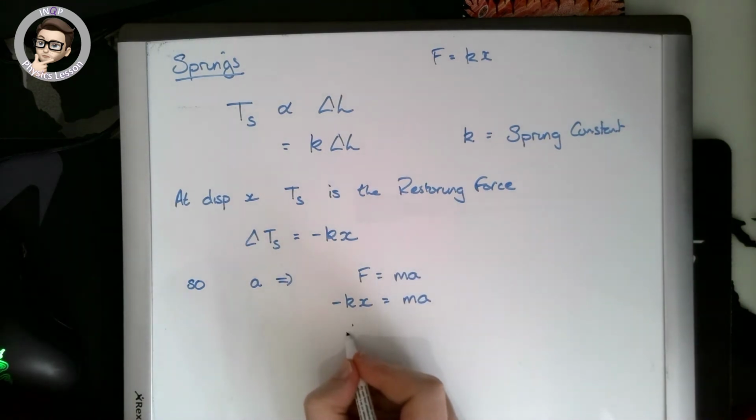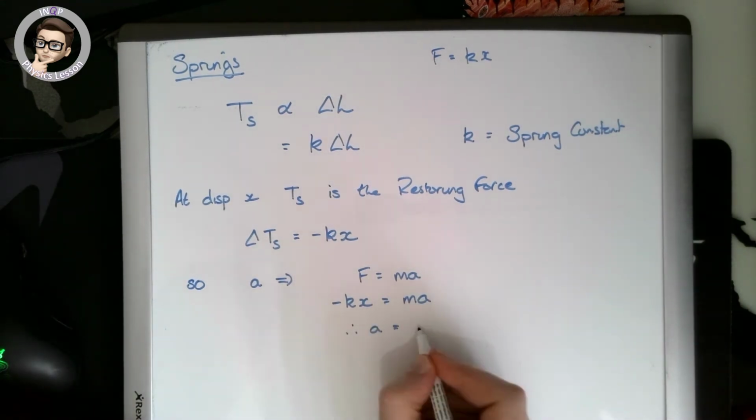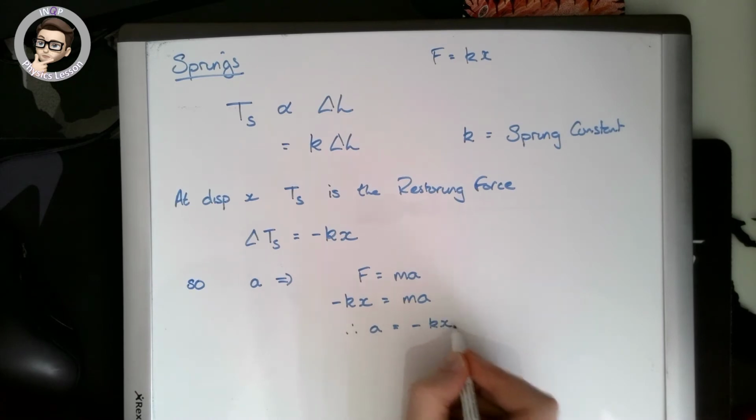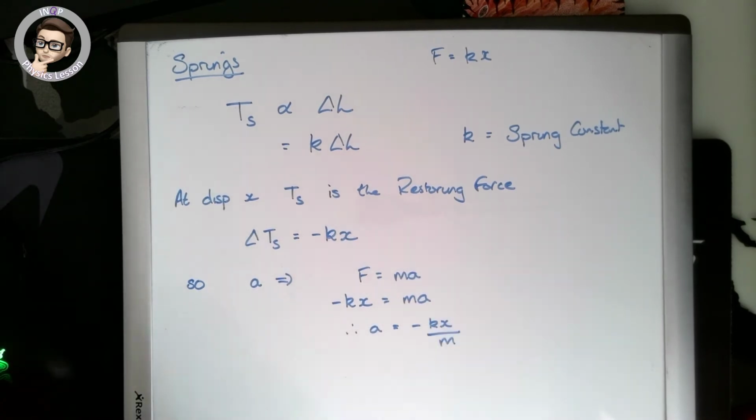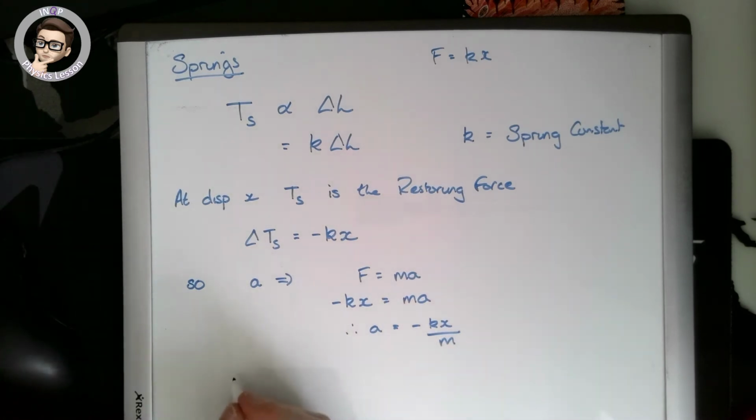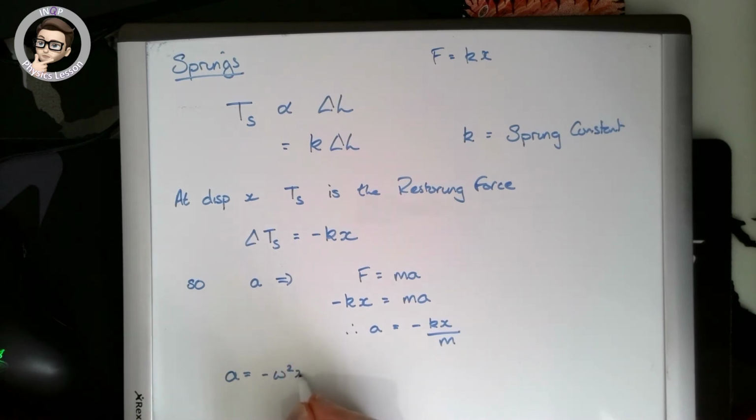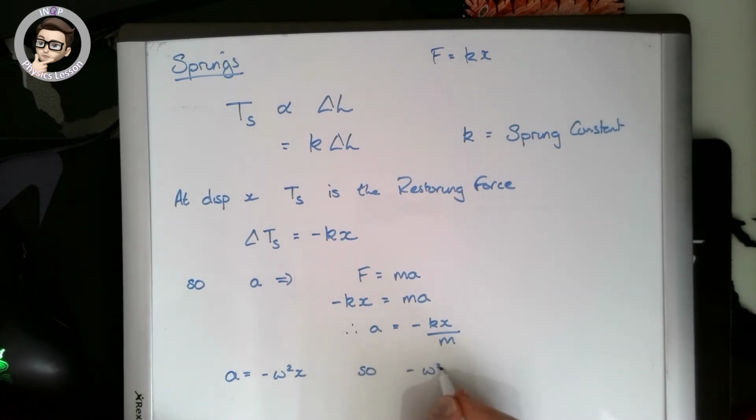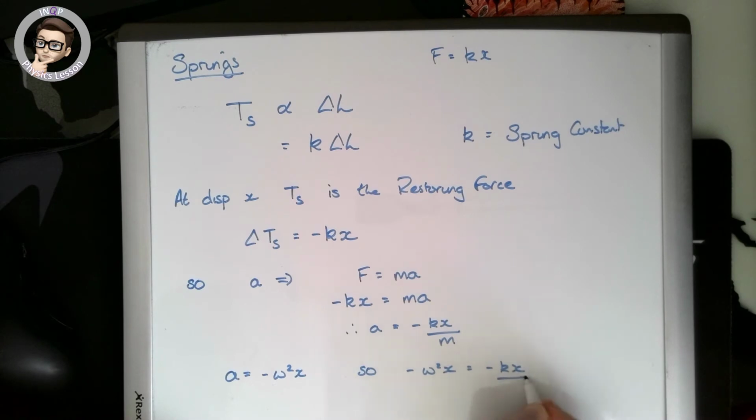So therefore, a is going to be minus kx over m. But we also know that acceleration is equal to minus omega squared multiplied by x. So minus omega squared x is equal to minus kx over m.